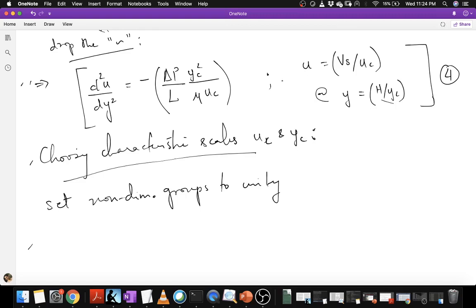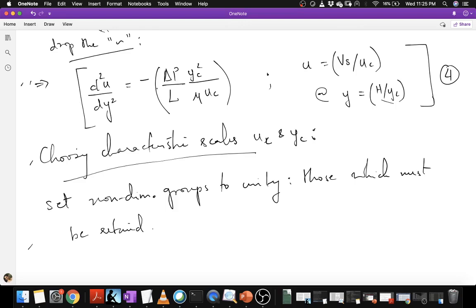So set which groups? All the groups, of course, which must be retained. So basically the terms in the equation that we believe are essential to retain, or that drive the physics, those are the ones that we should set to unity. In other words, remember that the coefficient in front of this viscous term is 1.